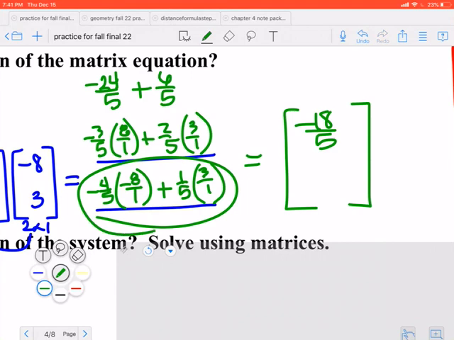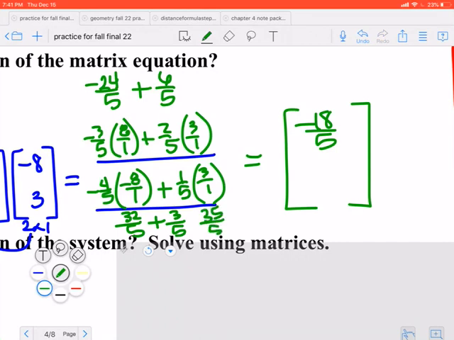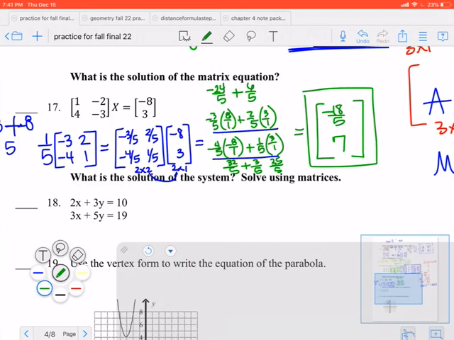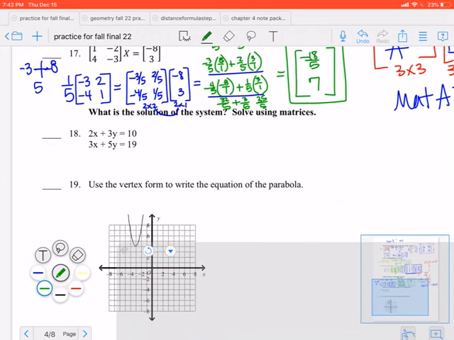And down here we have negative times negative is positive. 32/5 plus 3/5 is 35/5, which is 7. Longhand is a pain. That's when the calculators make it so much easier.